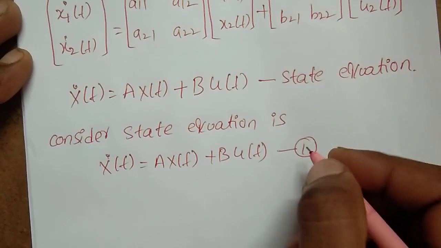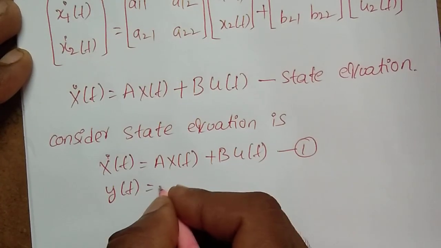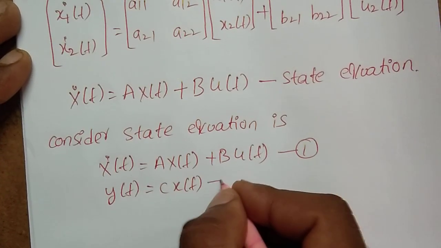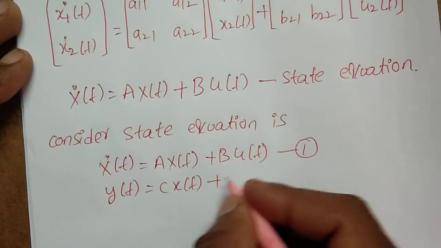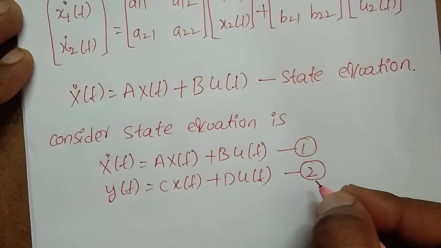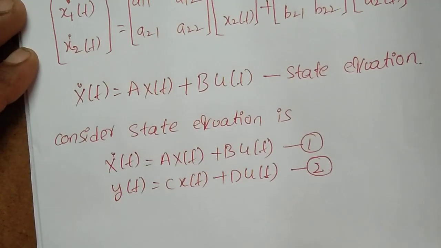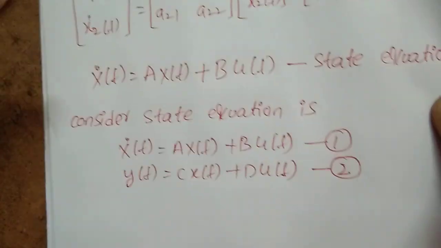This is equation 1. The output equation: y of t is equal to C x of t plus D u of t. This is equation 2. By using these two equations, you can draw the block diagram of the control system.